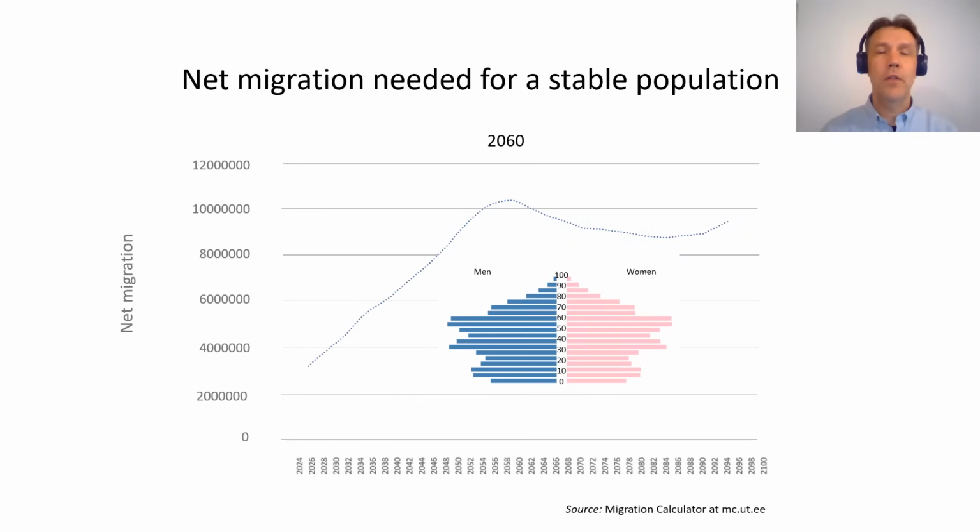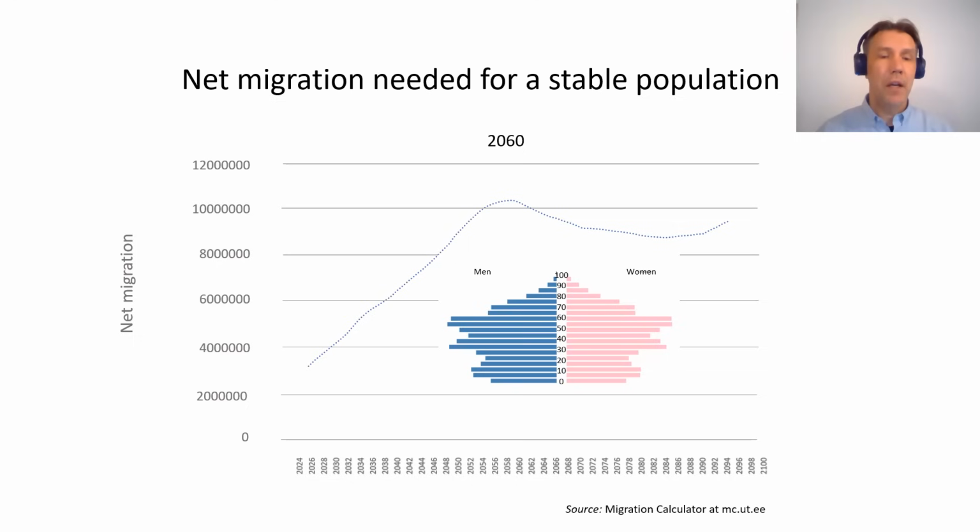The second scenario relates to migration, and here I keep fertility stable at its current level, and I ask how many migrants China needs each and every year to keep its population stable at the level of 1.4 billion.